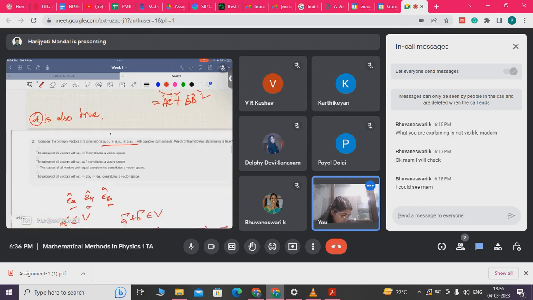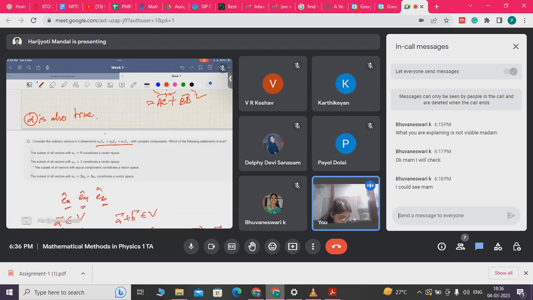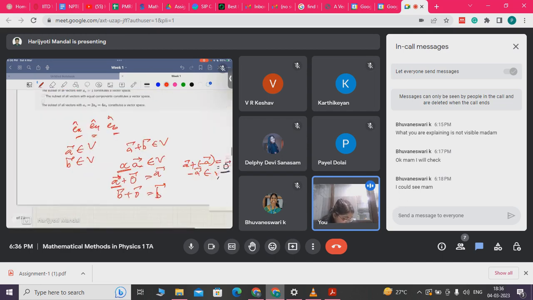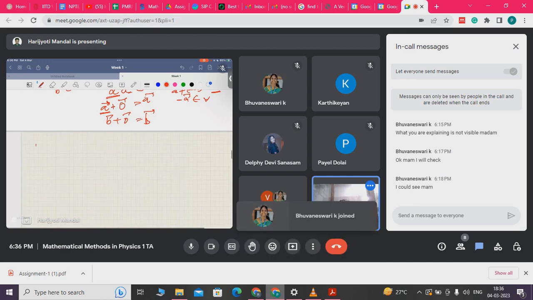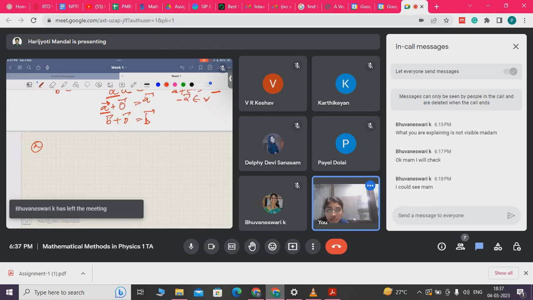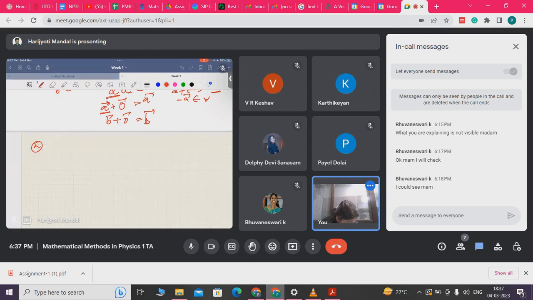So we have to prove all these things one by one for each statement and see which one of them is true. We can test both of the closure properties at the same time.